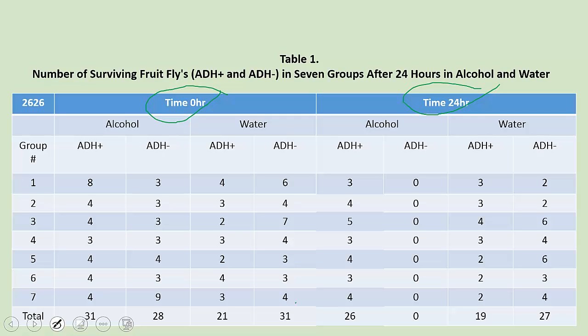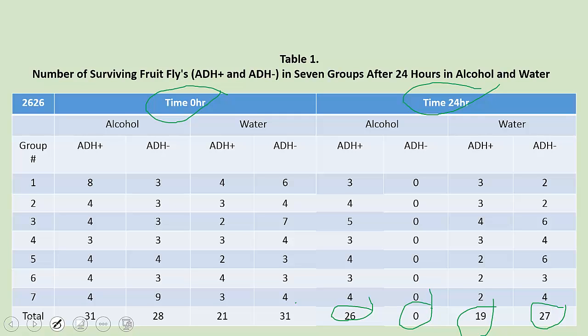After 24 hours, there were 26 ADH plus flies and 0 ADH negative flies in alcohol. In water, there were 19 ADH plus flies and 27 ADH negative flies.